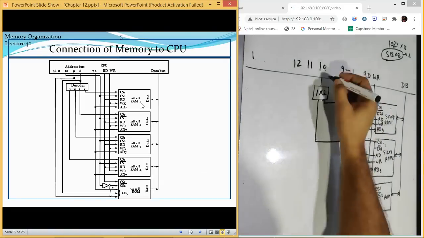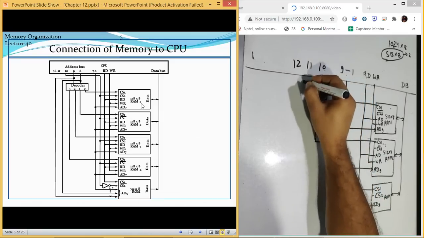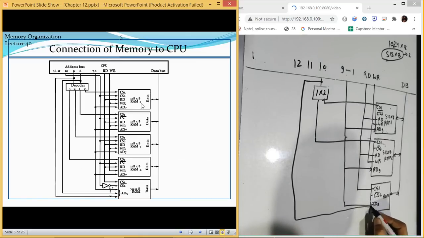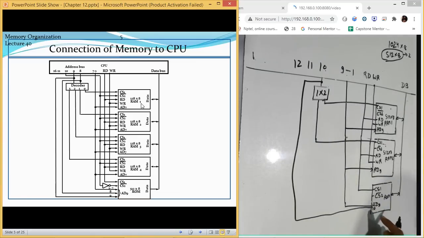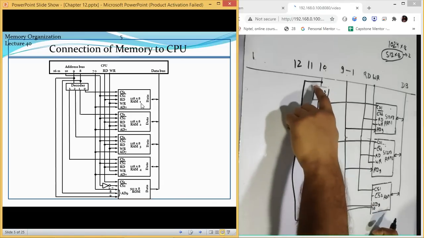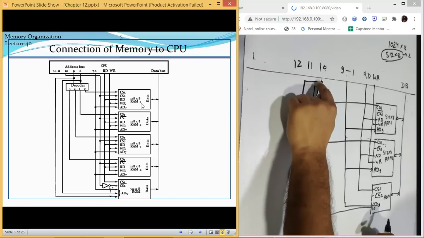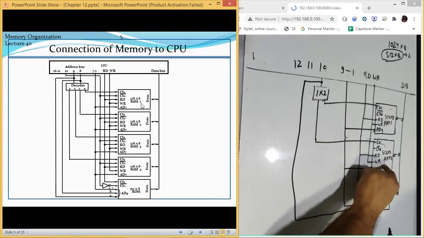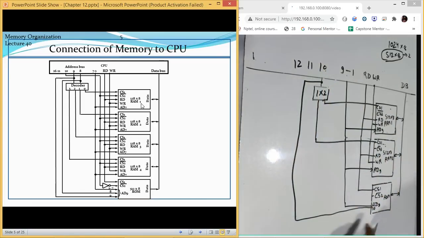Now, this 10th line is also connected with the ROM chip because this is the address line 10, and we need 10 address lines for ROM. So the 10th line is doing two tasks. First one is to verify whether this one will work or this one will work, and secondly it is connected with the ROM chip. Now the next thing which we have is our CS2 connection.